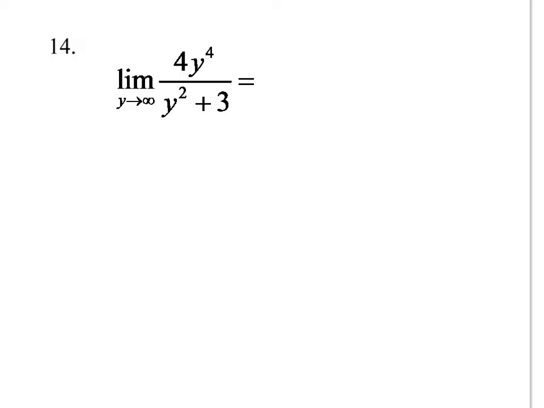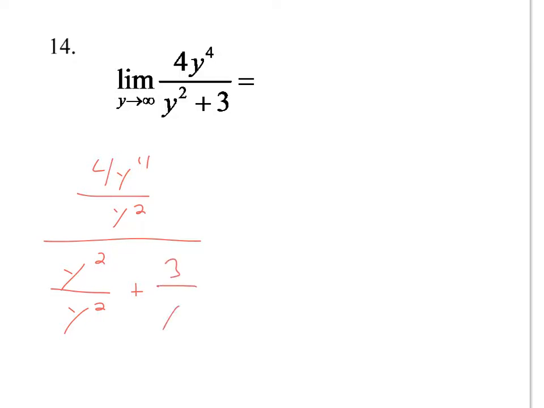So I'm going to divide every term by y squared: 4y to the 4th divided by y squared, over y squared over y squared plus 3 over y squared. Now, up top, my y squareds will cancel, and I'm left with 4y squared over, here my y squareds cancel and become 1, plus 3 over y squared.